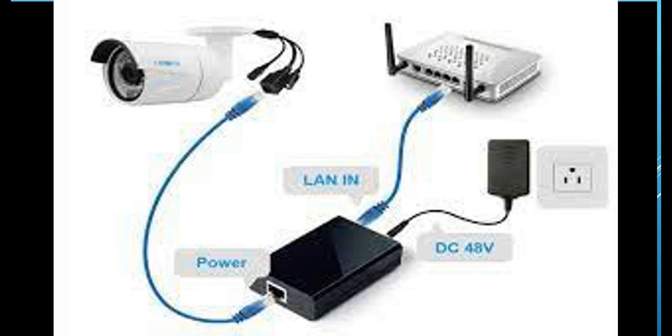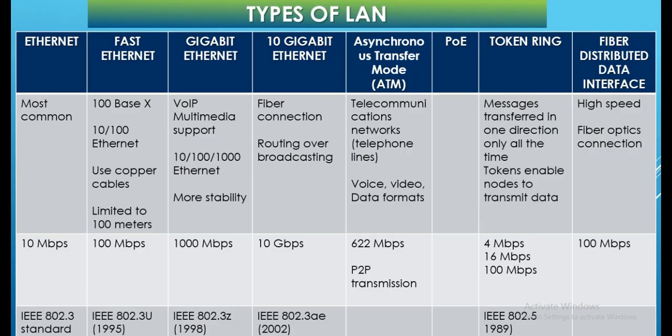All right, and that current is supplied via the network switch. So in a nutshell, the difference between a PoE switch and a regular switch is that the PoE switch is designed to be able to power a PoE network device from the ports. Okay.